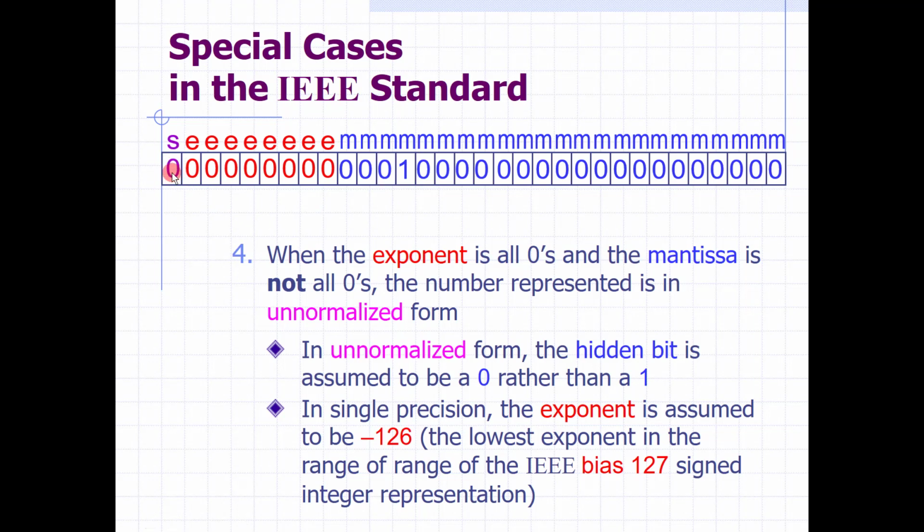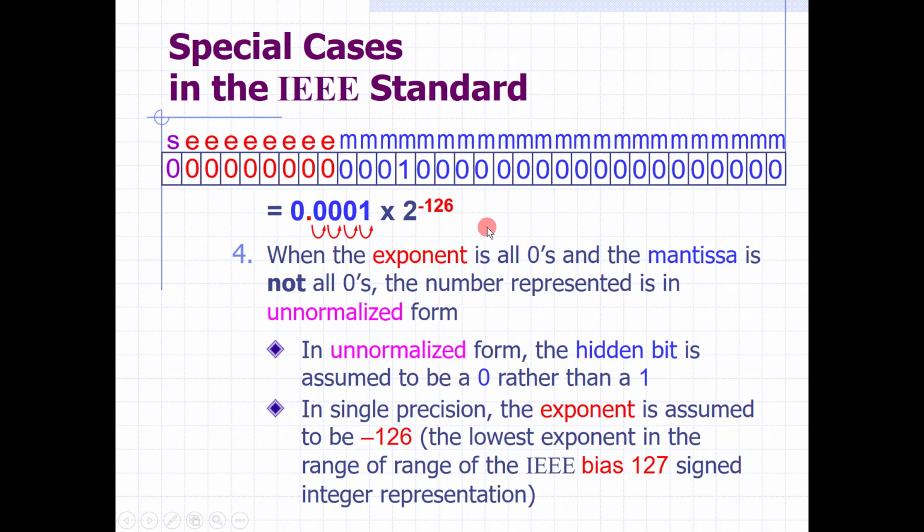And because I know it's unnormalized, I know that it's going to be 0 point rather than 1 point. And instead of actually calculating what this exponent is, because all zeros is technically negative 127, I just have to remember that in the special case, the exponent is minus 126. So the number here is represented in this form.